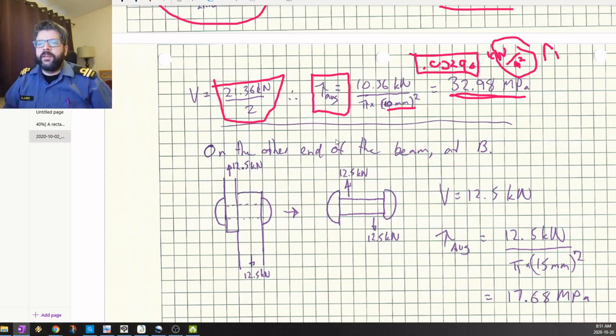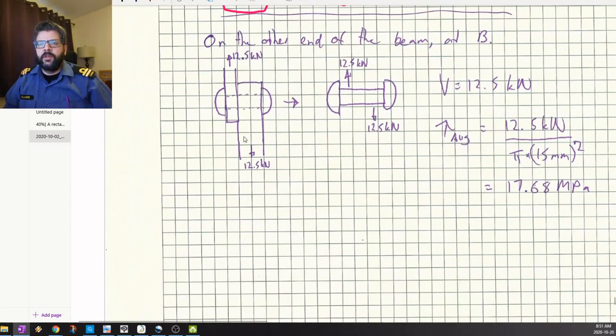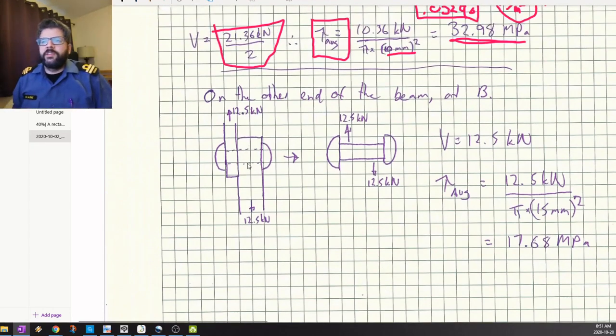Then at the other end, we've got another loading situation. It's a different one, similar to the one we saw with those two plates that were being pulled apart. So it's a single shear connection.